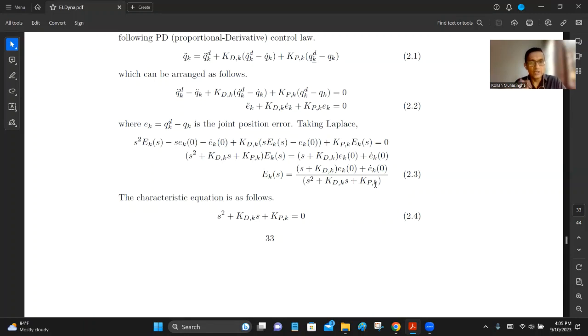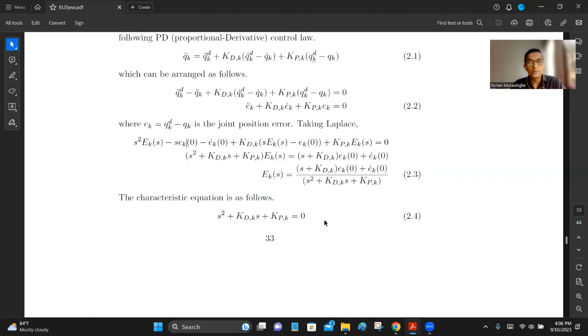Whether it is stable or not, whether it is fast converging or slow converging, whether it is oscillatory, all these things can be analyzed using the denominator polynomial. That is s squared plus K_D s plus K_P. Very elegant and very easy to handle, right? So then let's take the denominator polynomial and set it to 0.